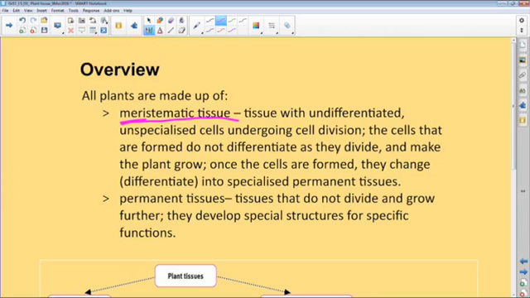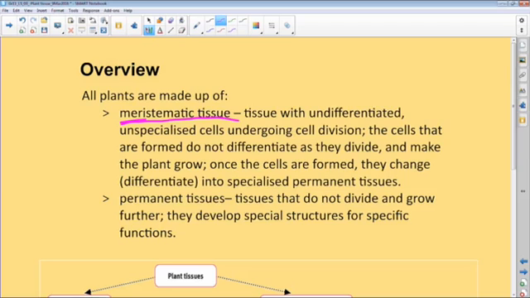Now, when we look at a plant, we need to differentiate between two types of tissue. One type of tissue is what we call embryonic tissue, and that tissue can make different cells. I think Llewellyn, two weeks ago, did a section with you on what we call differentiation.